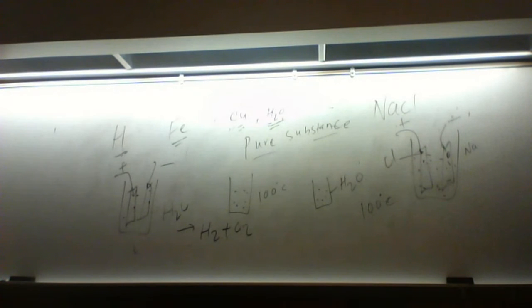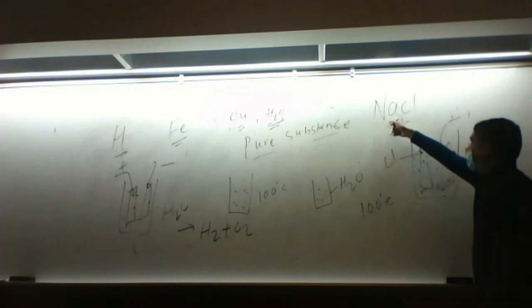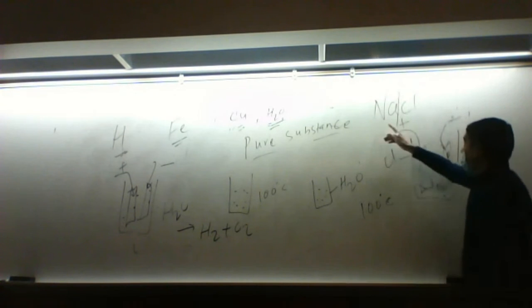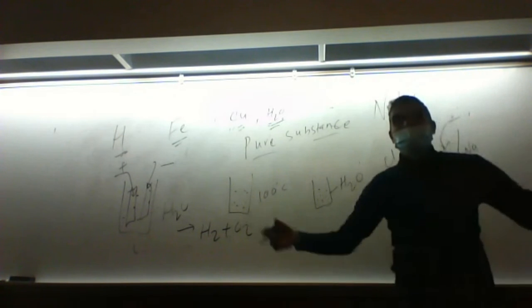So you can easily break the compound into two or more parts by using certain techniques. This is called electrolysis. What I just taught here is electrolysis. You use electricity to cut this into two parts, sodium and chlorine.